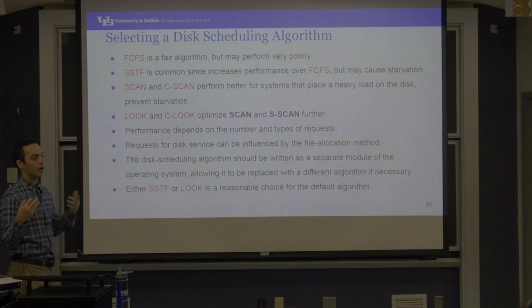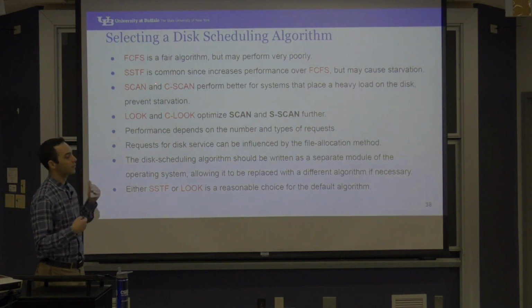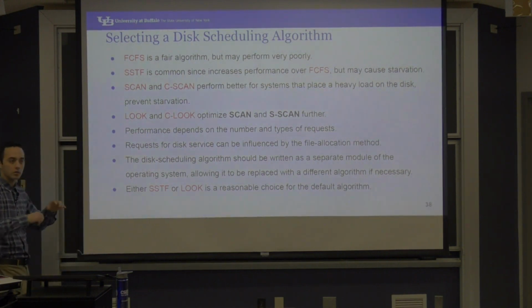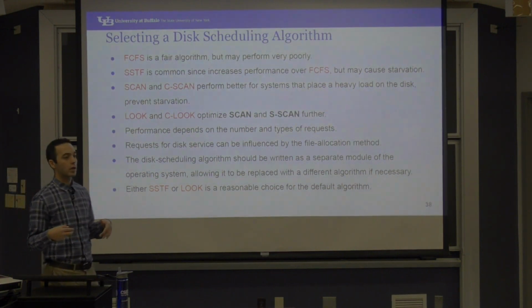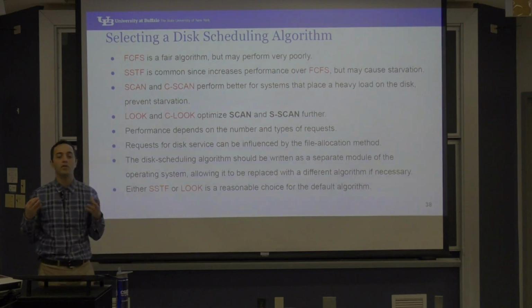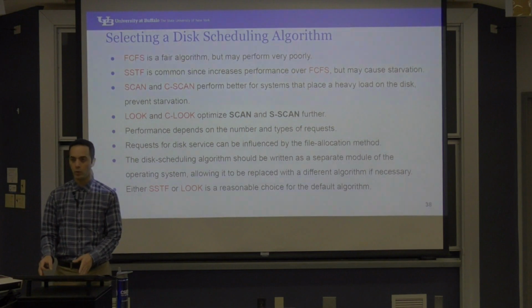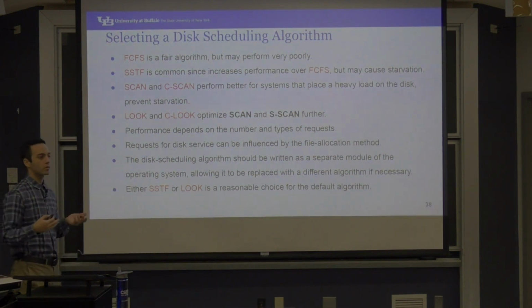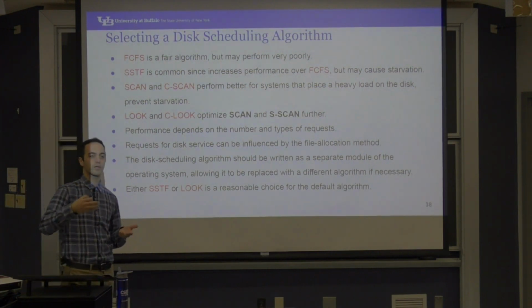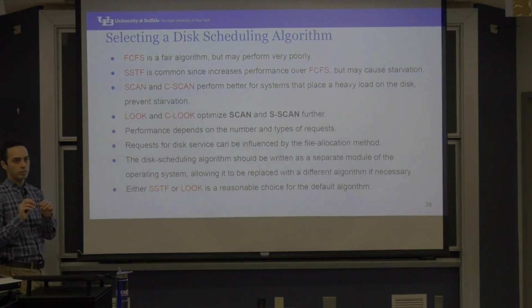If you have many processes and you want fairness, then shortest seek time is not good for you, because two processes at different locations might just request, and that's not good. If you actually want performance, and you have a single process, or you care about only one process that you're running right now, then this is the best for that. So it depends on the type of usage that the operating system is designed for, not your software, but the usage of that operating system.